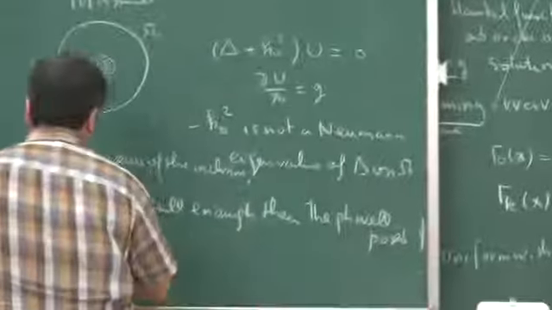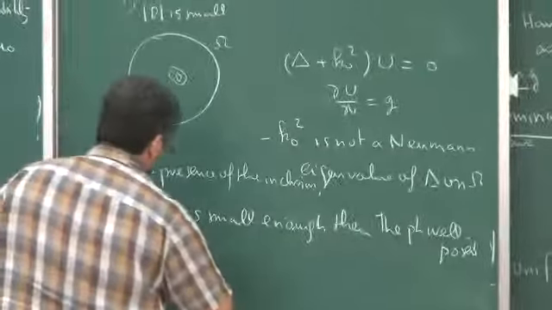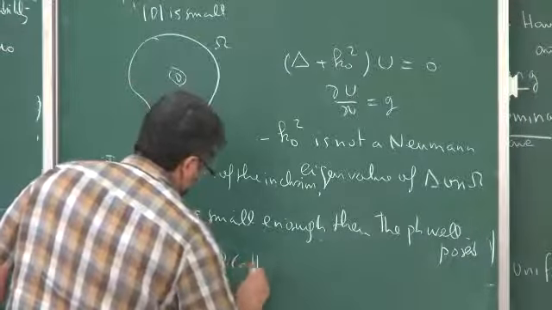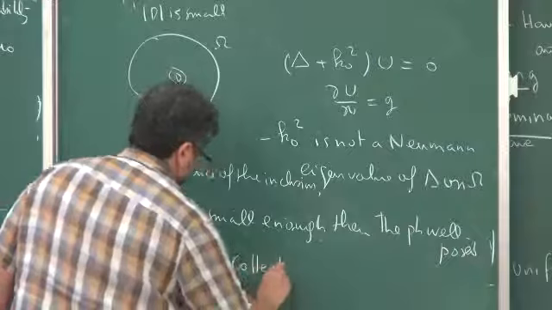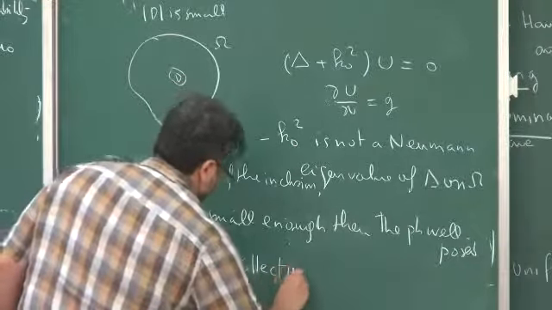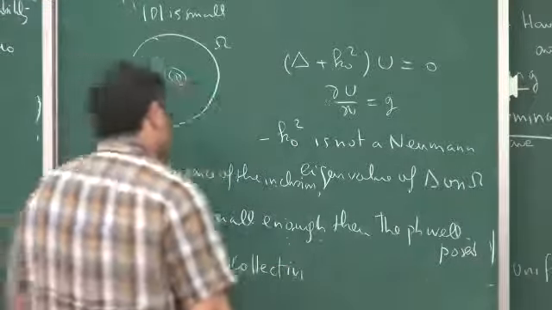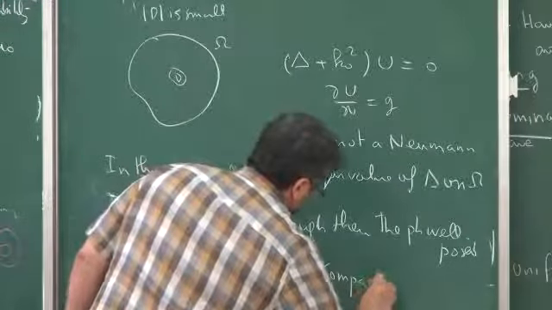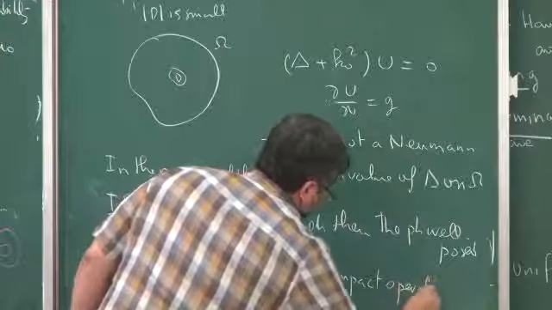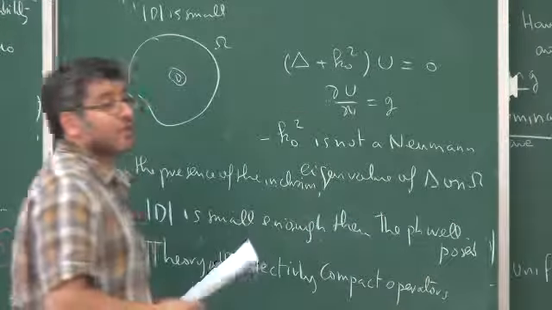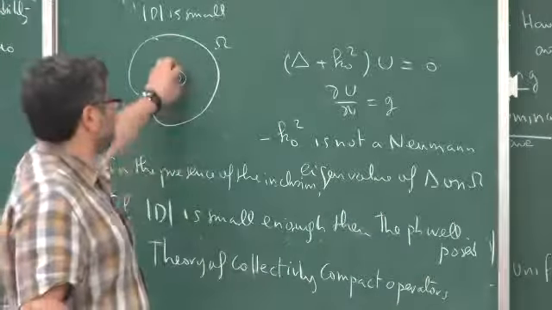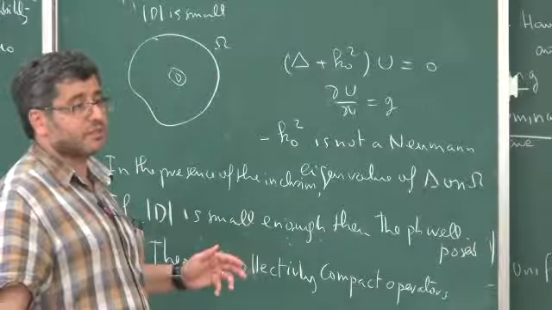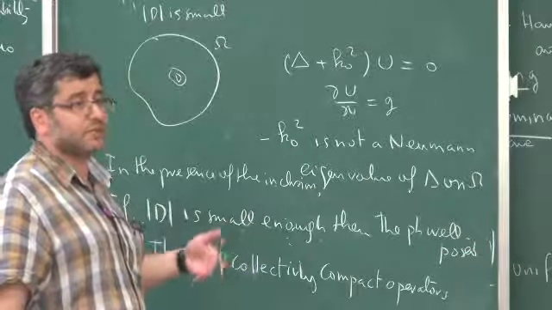And we can prove this using the theory of collectively compact operators. Somehow, when we introduce this inclusion, this is a compact perturbation of the operator, and it's even better: it's a collectively compact perturbation.